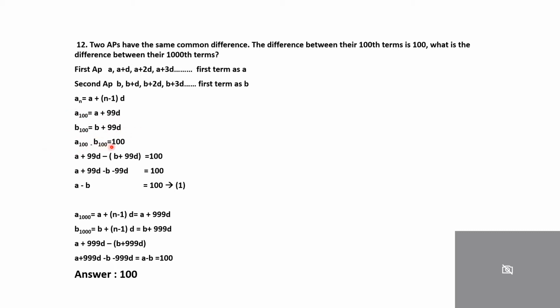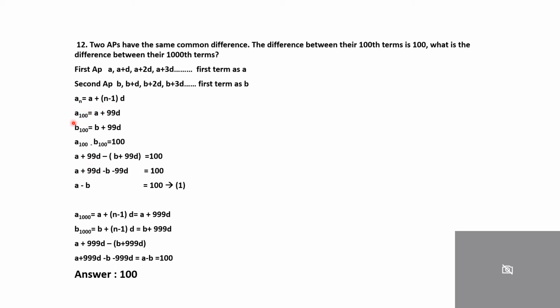a100 minus b100, that is, the 100th term of the first AP minus the 100th term of the second AP, the difference between their 100th terms is 100. That is what I have mentioned here: a100 minus b100 equals 100.